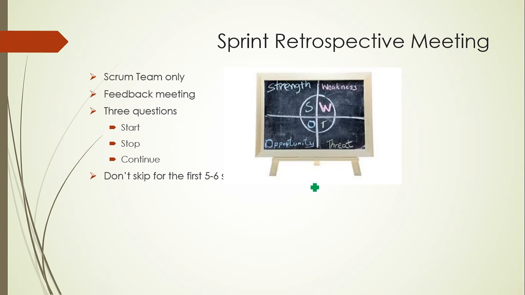The result of these meetings leads to feedback, and that leads to improvement in the development team for the upcoming sprints. So I would suggest that these meetings should not be skipped.